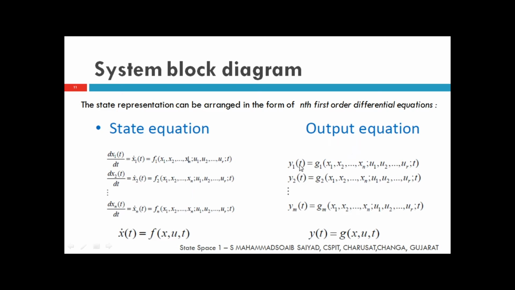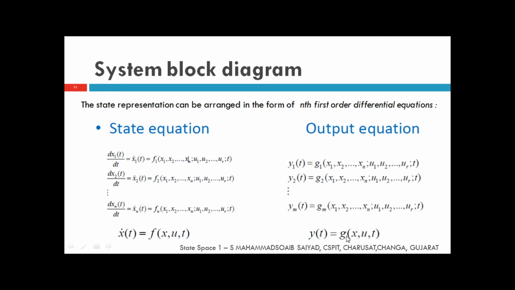The output equation is y1 of t equal to g1 of x1, x2 up to xn and u1 to ur. They are time functions. So we have two functions: x dot of t is equal to f of x and u of t, and y of t is equal to g of x and u of t.